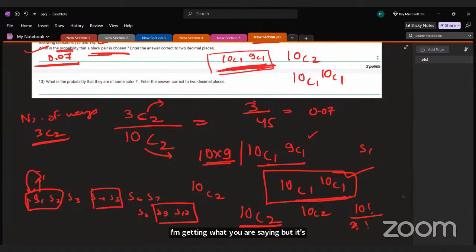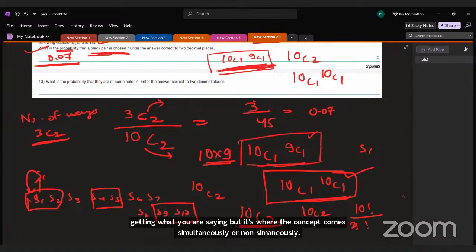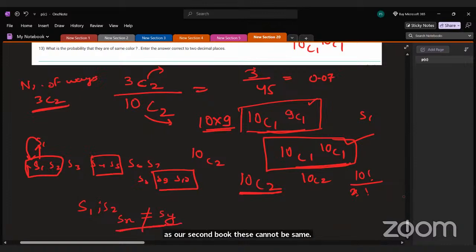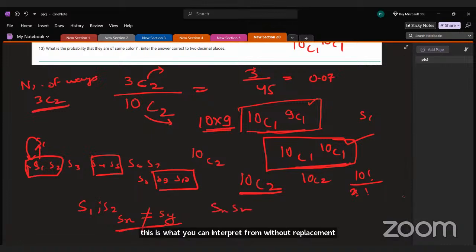If they are not picking up socks simultaneously, and it is given that we have to choose two different socks without replacement, it means that whatever we choose, let's say X as our first sock and Y as our second sock, these cannot be the same. This is what you can interpret from without replacement, unless we have got two X in our set or two Y in our set.